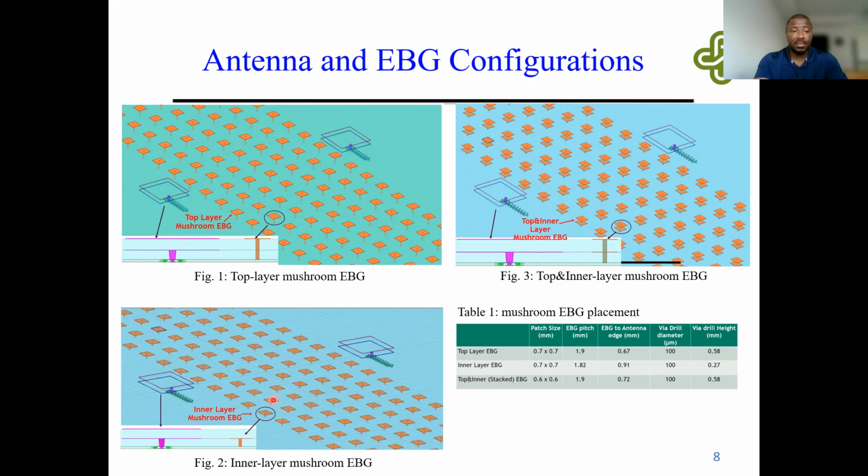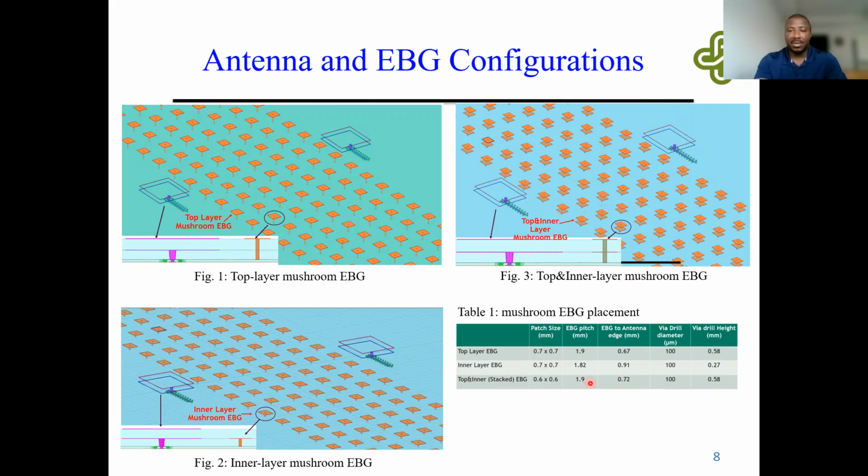In figure 2, the mushroom EBG has its patch on the inner layer and is spread out between the TX and the RX. On figure 3, we have a combination of the top and inner layer patches of the EBG, shorted with the ground via, and is spread out between the TX and the RX.